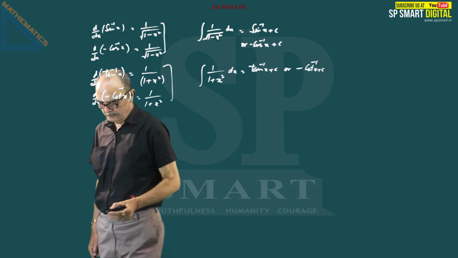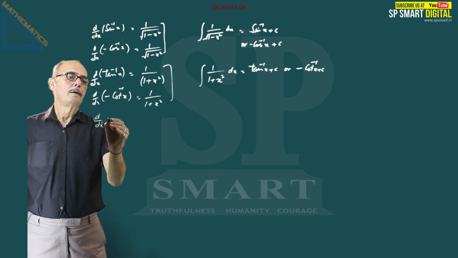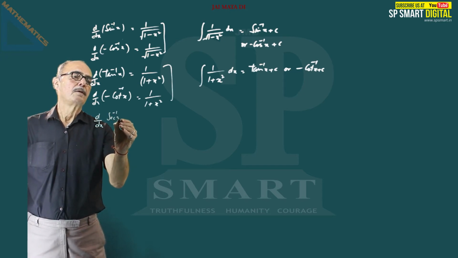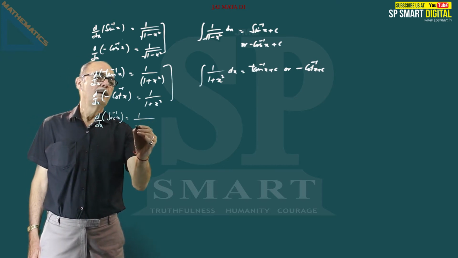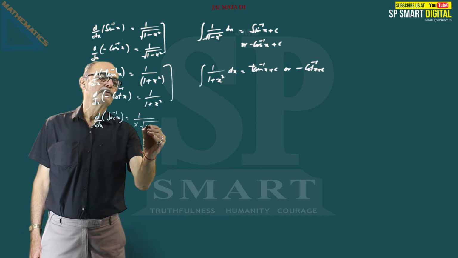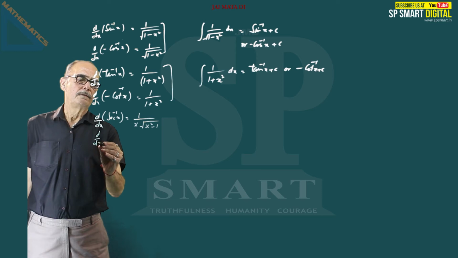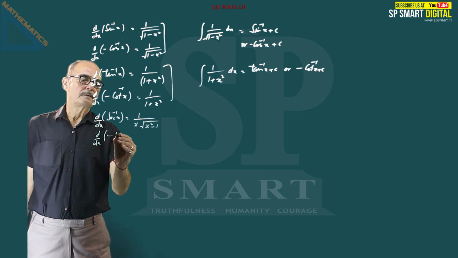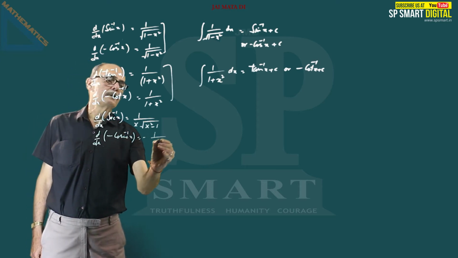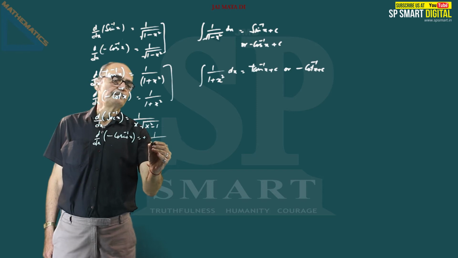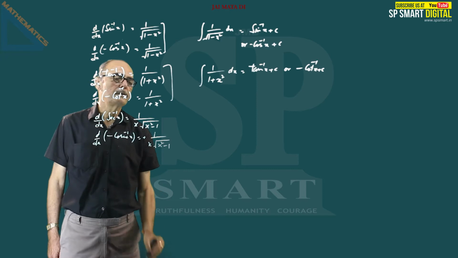Then derivative of secant inverse x is equal to 1 upon x under root of x square minus 1, and d upon dx of minus cosec inverse x is minus 1 over x under root x square minus 1.